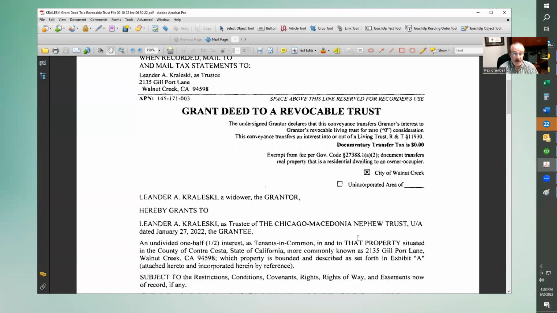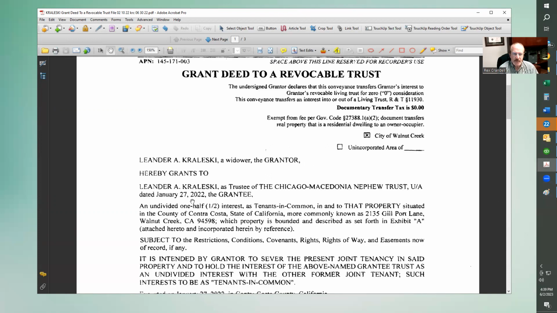Okay, in this hypothetical deed, we're granting it from a person. The grantor grants to this person as trustee of this hypothetical trust. This person is called the grantee, the receiver, and the grantor is the giver. And then you describe what interest you're giving or what you have to give.